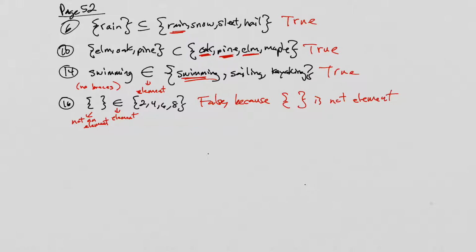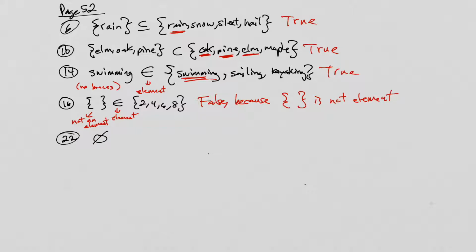Now, if it had asked, is the empty set a subset of this other set, then we would say it is true, because the empty set is a subset of any set that is listed. All right, so we're going to go to 22.